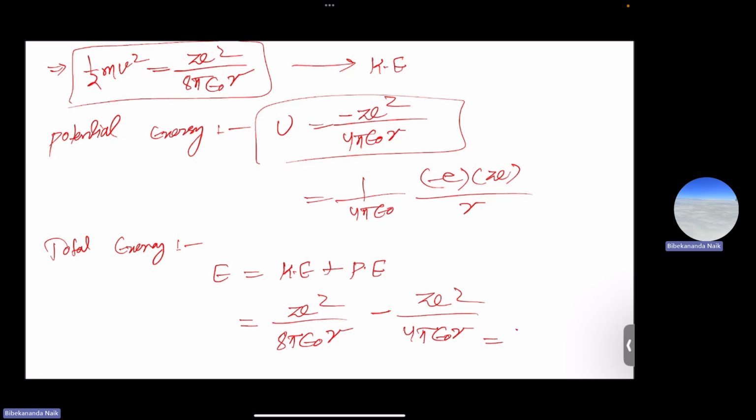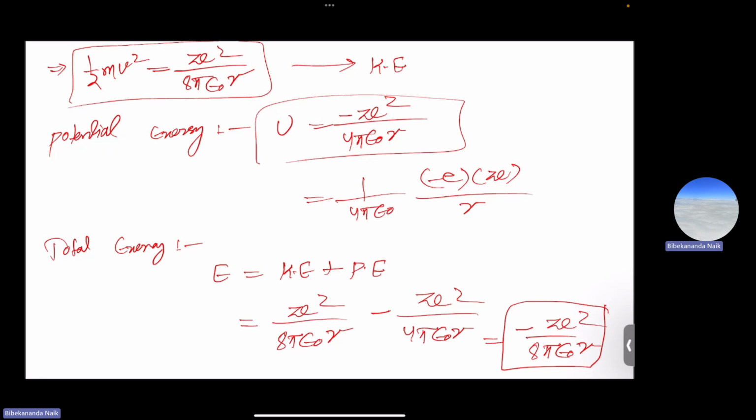So it will be minus Z e square divided by 8 pi epsilon 0 r. So you can see the total energy is negative, that is, it is an attractive system. So there is force of attraction between electron and the nucleus.